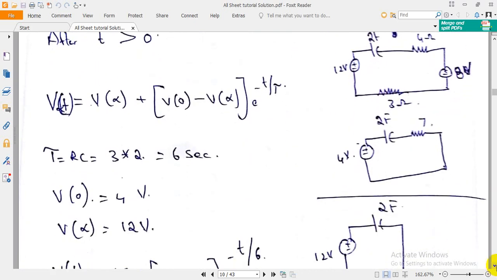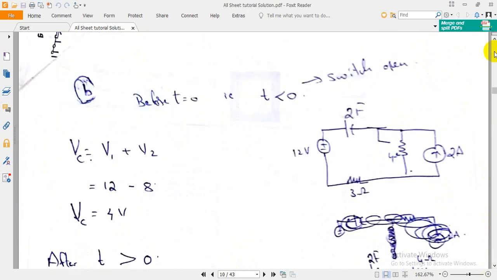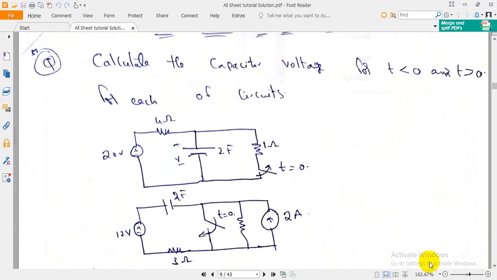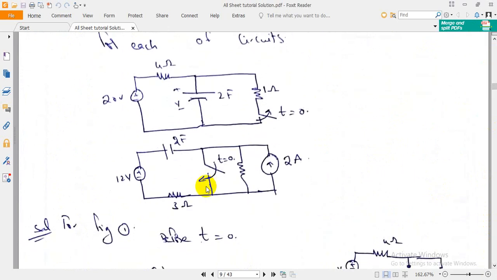Now when t is greater than 0, the switch is closed. When the switch is closed, you can see the circuit here. When the switch is closed, you will get this circuit: 2 farad capacitance and 3 ohm resistance along with a 12 volt voltage source.